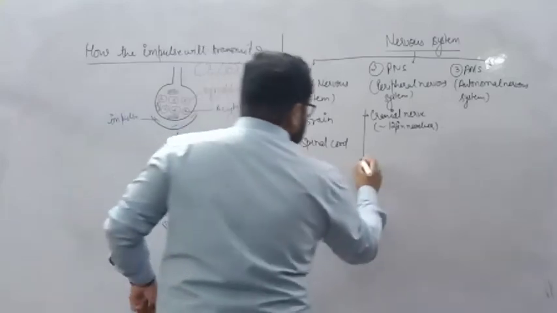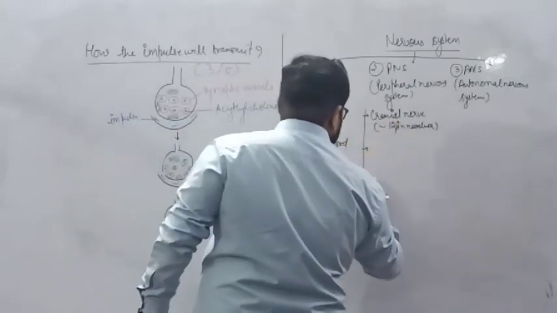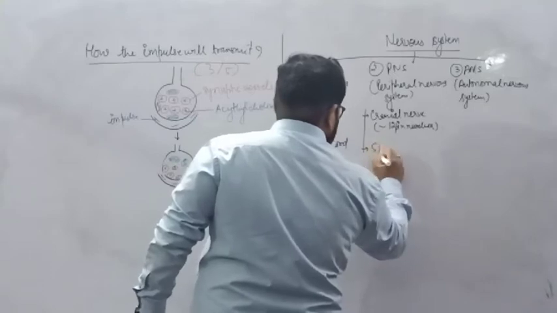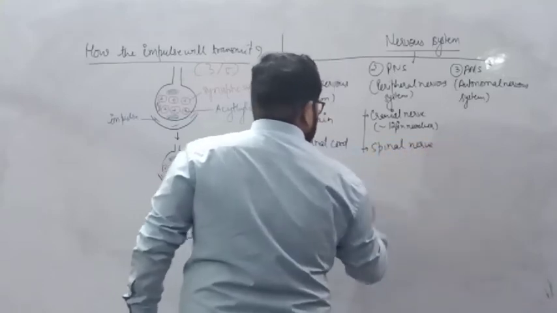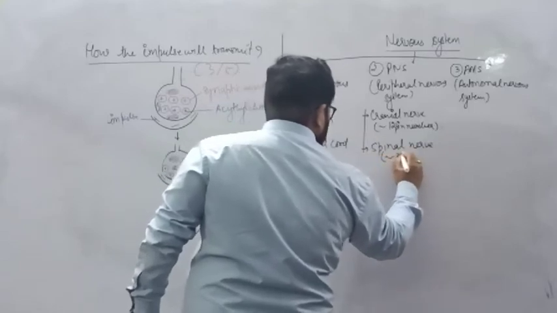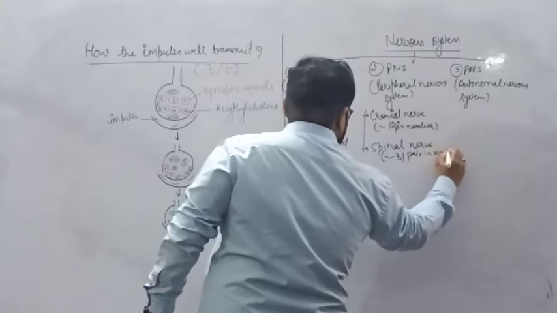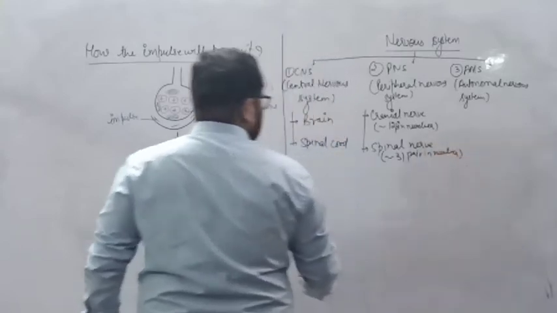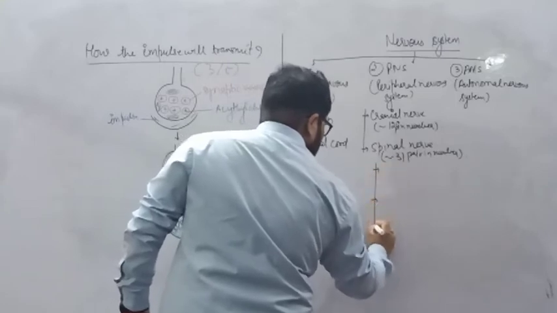The second one is the spinal nerve. Spinal nerves are 31 pairs in number. Spinal nerves are divided into three categories.